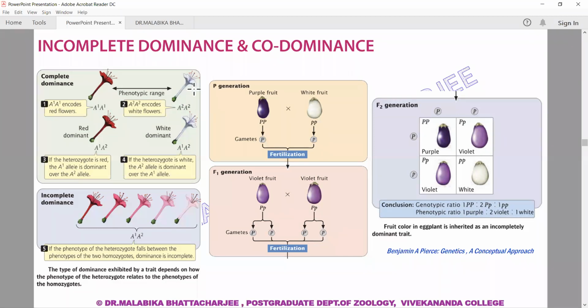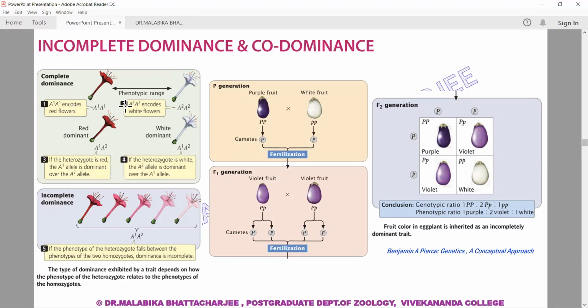We don't know which one is dominant and which one is recessive. Let us suppose that we do not know, and hence both the symbols are given the same importance. None of them are written in small. Now A1 encodes red flowers, A2 encodes white flowers.